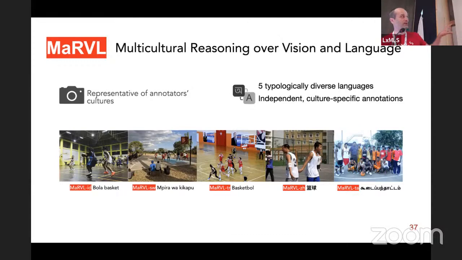This is an example of the concept for basketball across these 5 languages. And so we have Indonesian, Swahili, Turkish, Chinese, and Tamil. One thing you can see here from the basketball example is that basketball looks pretty uniform across languages. There are people in courts and nets. They're all wearing long, baggy shorts. So there are some things here that we can find in common.